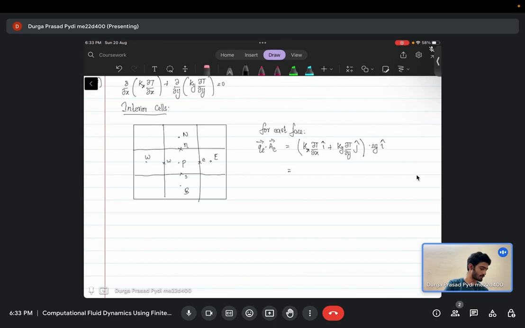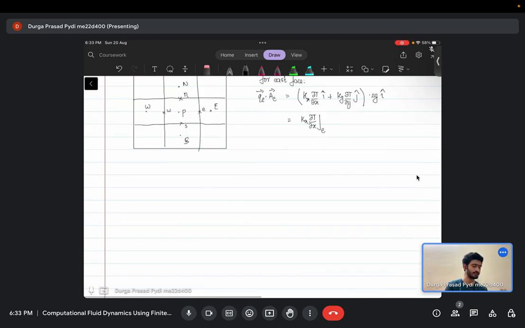So this will essentially give you Kx del T del x on the east face. Now you can do the same for all the faces.